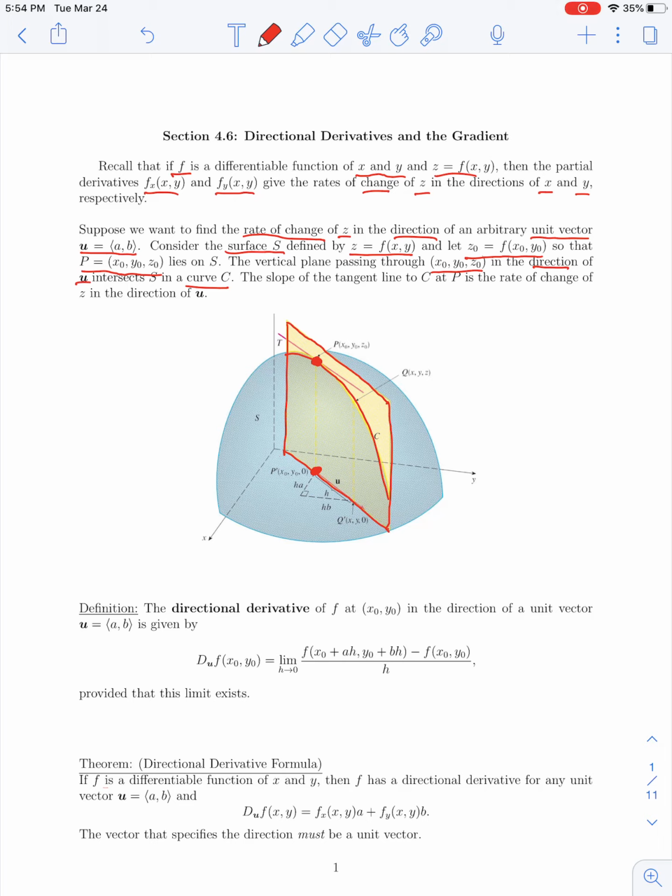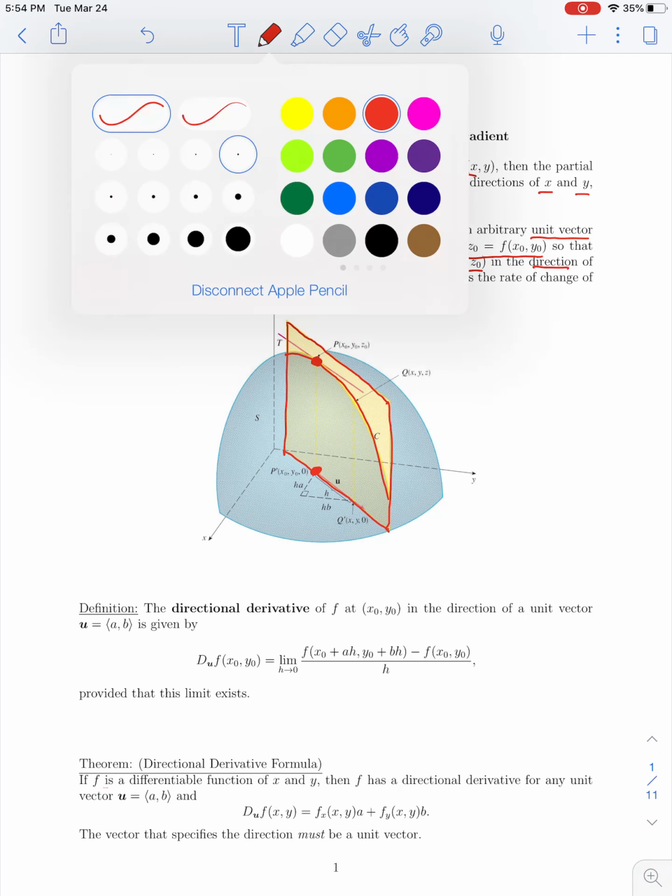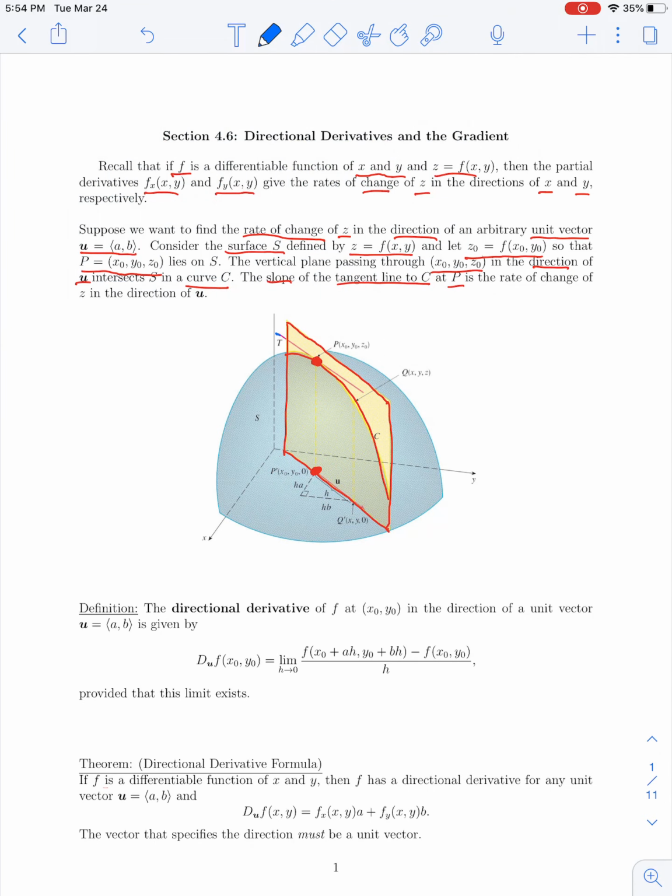So we're looking at some curve C which lies on our surface, and what we're trying to find is the slope of the line which lies tangent to that curve at the point P. This is going to represent the rate of change of my function as we move in the direction of this unit vector u.